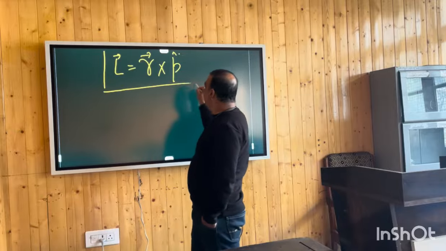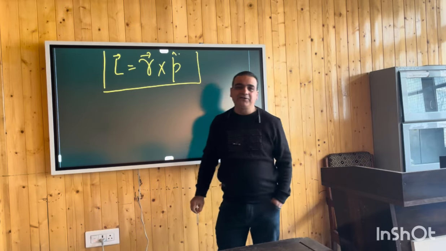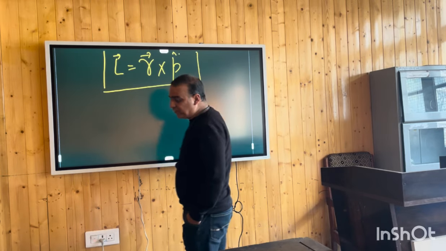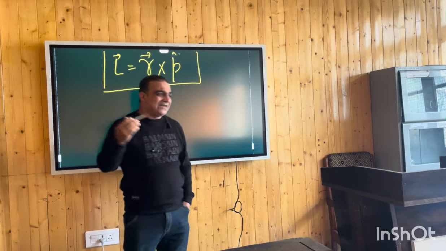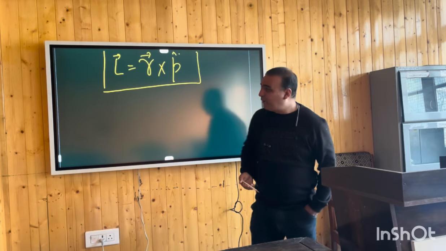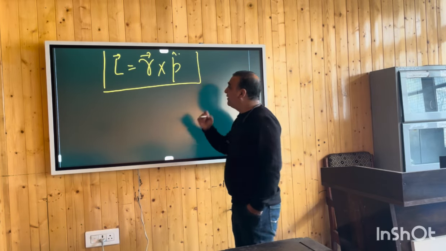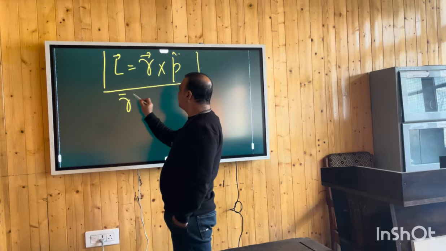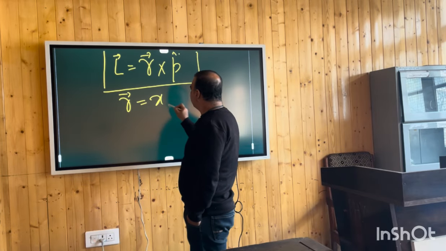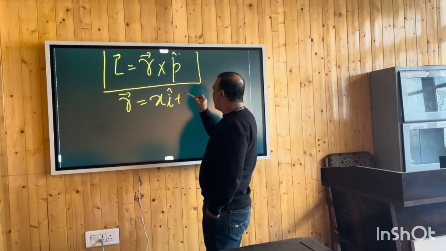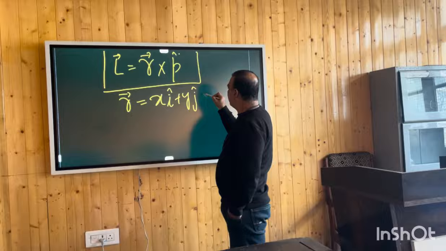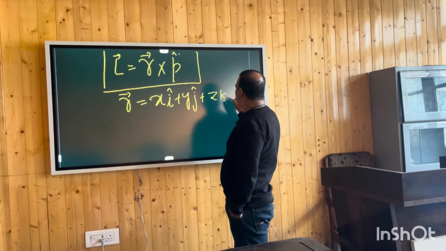But here in the quantum world, we are very much interested in the operators, because in the quantum framework, to every classical observable, we have a quantum mechanical operator. So what we can do here is we can choose this r in Cartesian coordinates as x i cap plus y j cap plus z k cap.